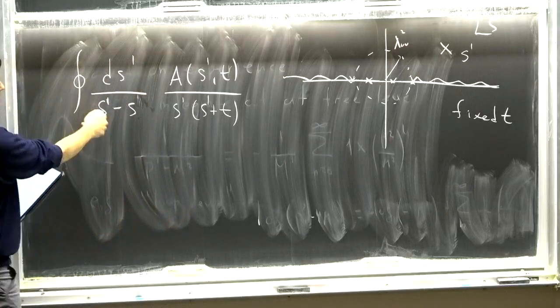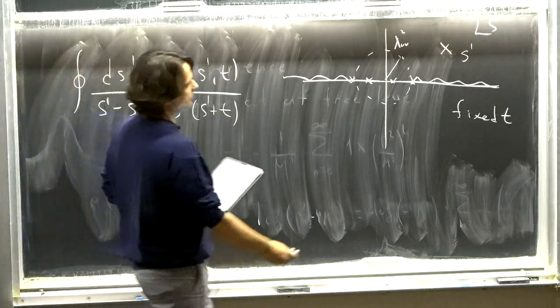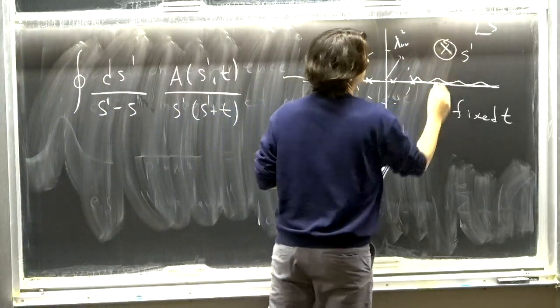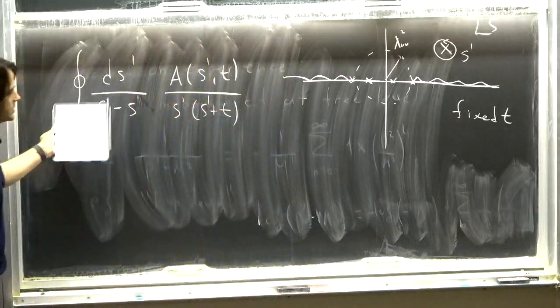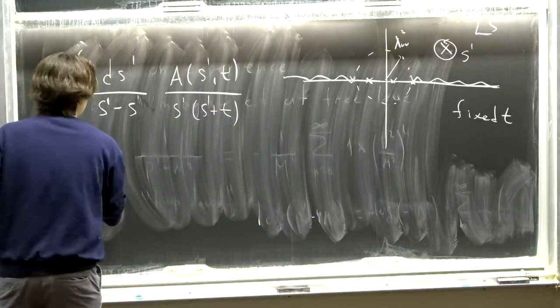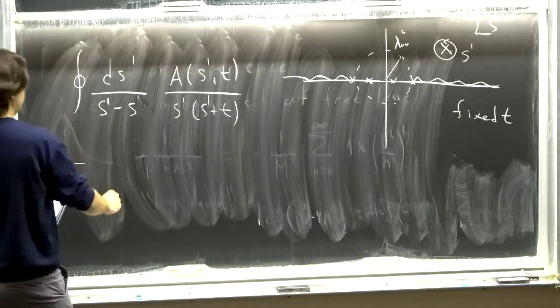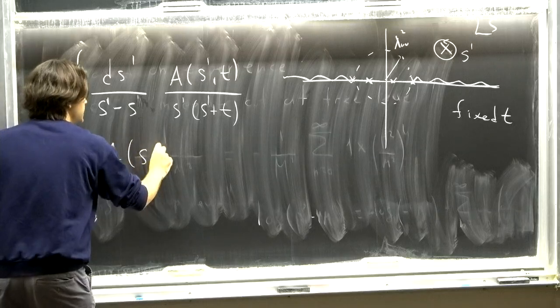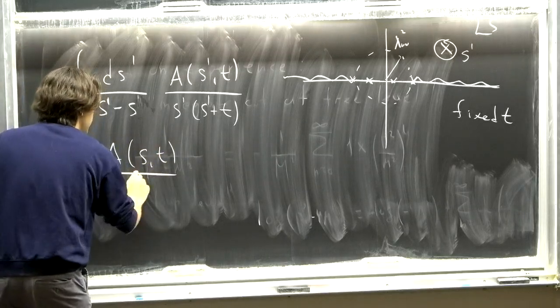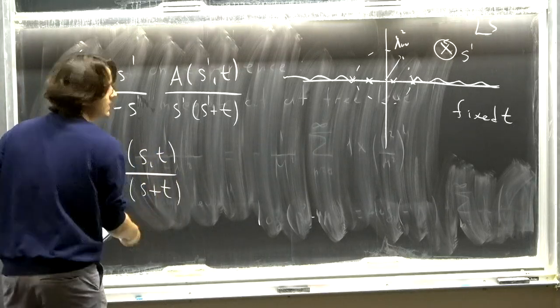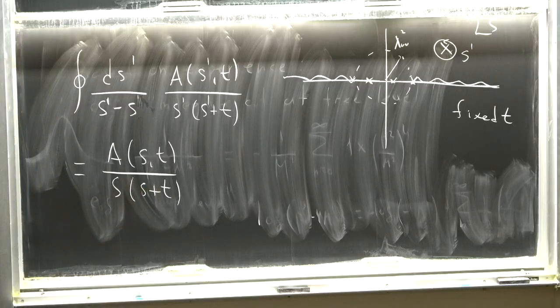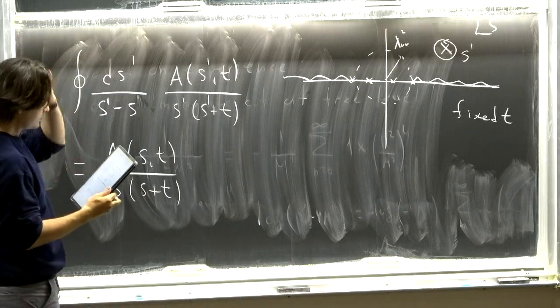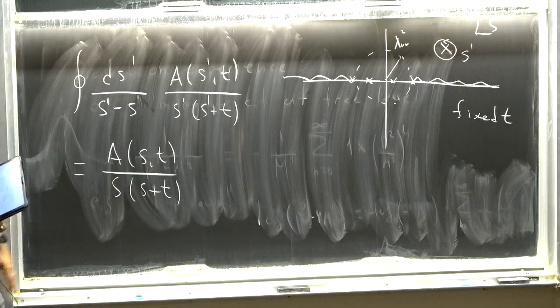And here I'm computing precisely the residue at this point. So this thing is just a weird way of writing the amplitude. Because if I just compute the residue here, this just gives me back A of S, T divided by S plus T, which is S U. So S U is the thing that gets swapped under crossing. Okay, why did I divide by this factor?